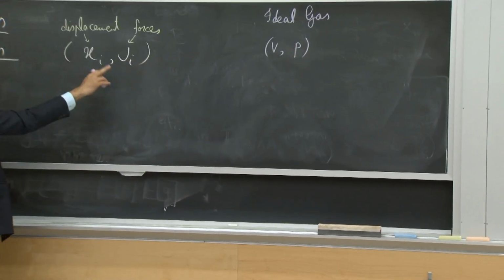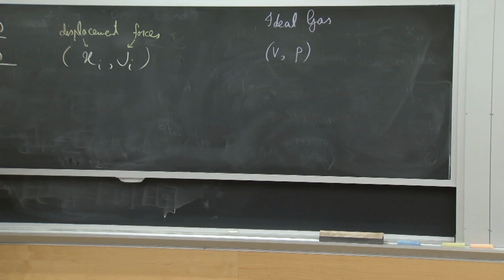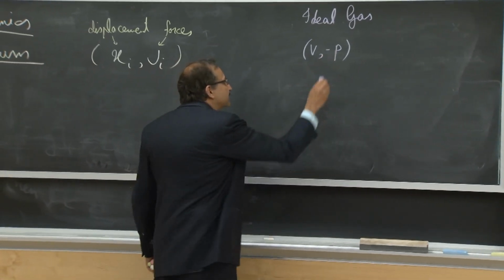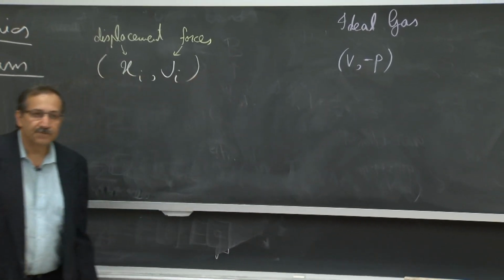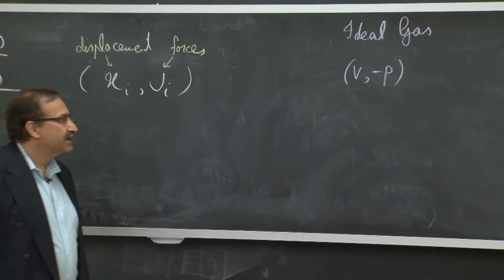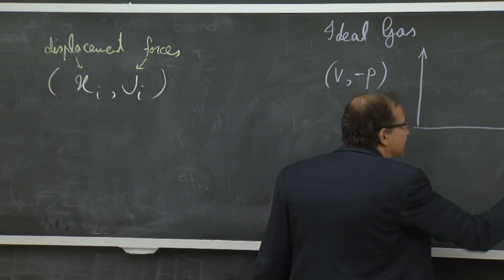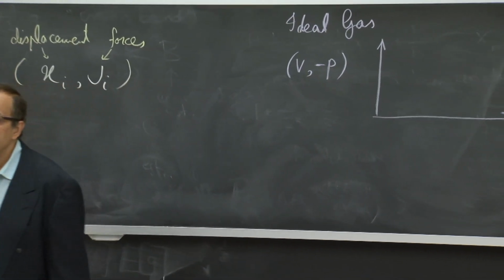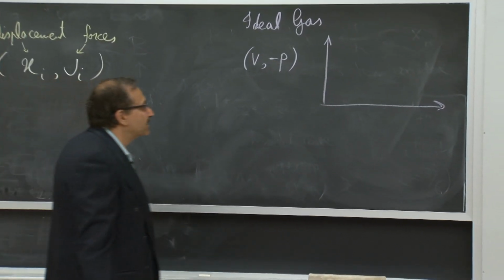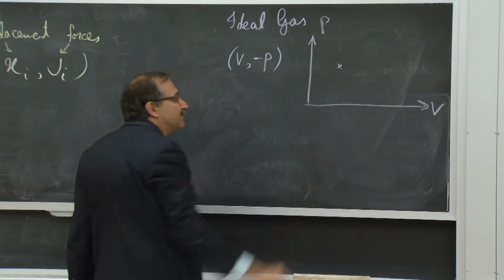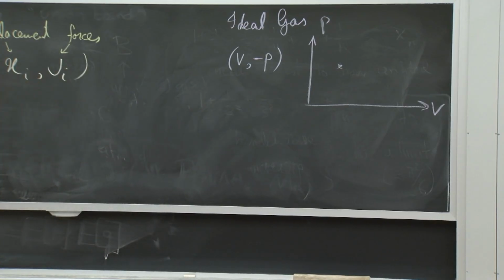And actually, we saw that in order to ultimately be consistent with how we will define work, it is good to think of minus pressure as the appropriate force. And so if I want to characterize the equilibrium state of a gas, I need, for example, to specify where I lie in this PV plane. OK, so that's the first thing to know.